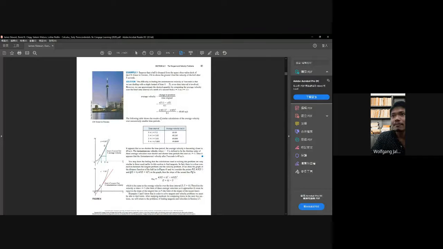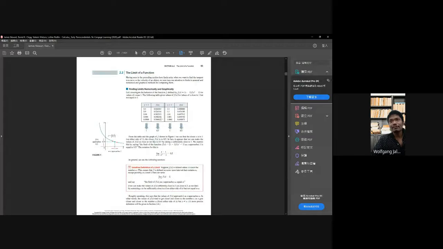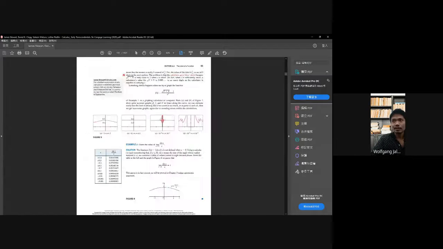I think the difficult part of the limit later is not the limit itself, but that you must do the algebra manipulation, which can be quite hard.